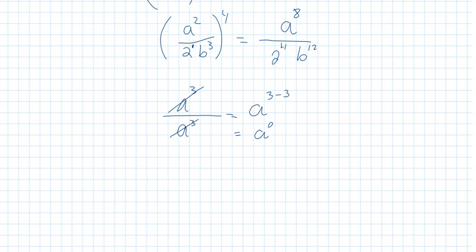But if I use the exponent law, it's a to the power of 0. Guess what? A to the power of 0 and 1 are equal to each other. Okay? And that's why anything, it could be 1,000 to the power of 0, it's 1. Okay? Are we good with that?